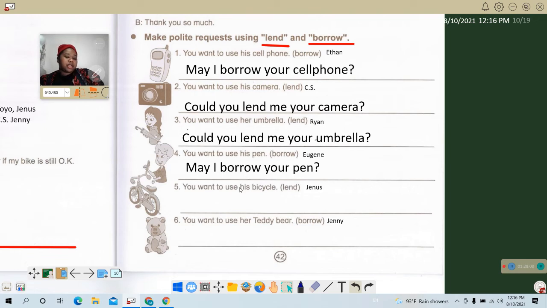And then he is the one you're talking to. So you are already talking to the person. Go. Could you lend me your bicycle? Okay.